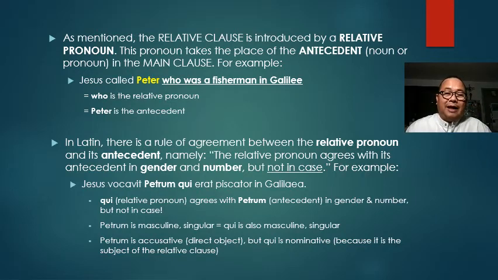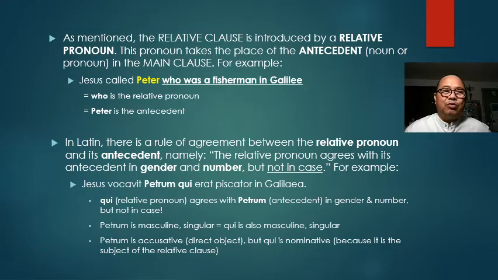So the relative clause, therefore, or the relative pronoun, I mean, is the pronoun that takes the place of the antecedent in the main clause. So the antecedent is a noun or pronoun in the main clause, and that is what the relative pronoun takes the place of. Example: Jesus called Peter, who was a fisherman in Galilee.